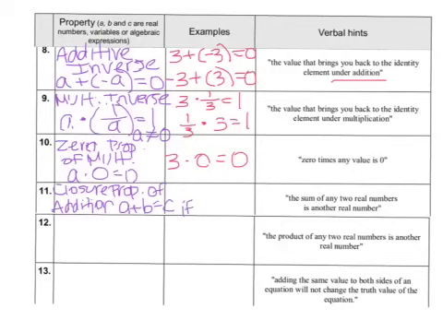So if a and b are elements of the real numbers, that means that c also has to be an element of the real numbers. So for example, 10 plus 5: 10 is a real number, 5 is a real number, the answer 15 is a real number.